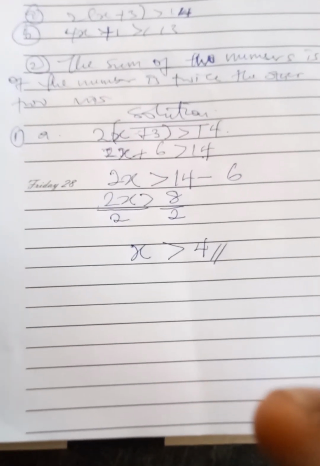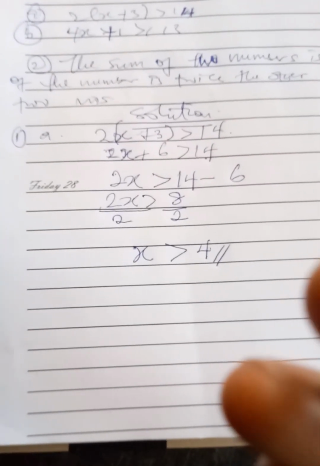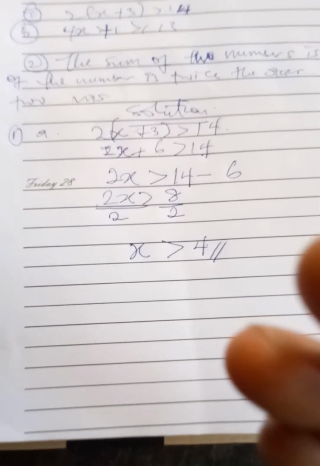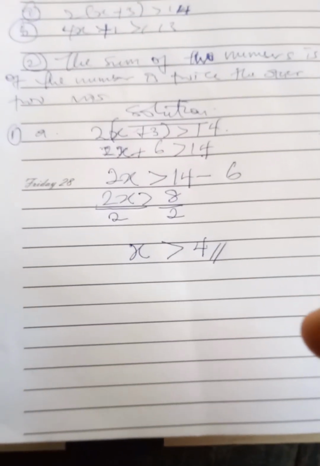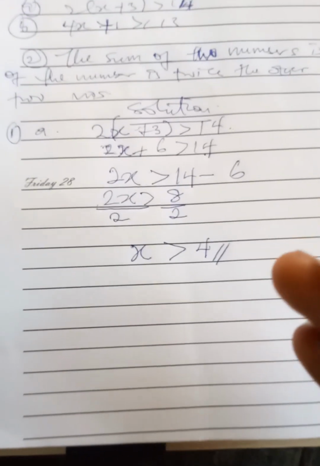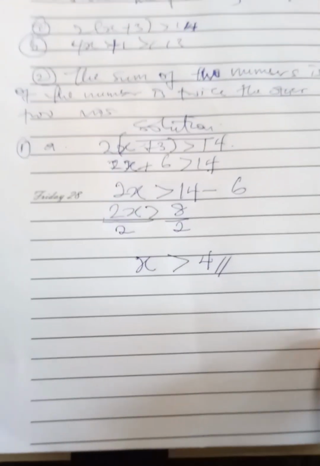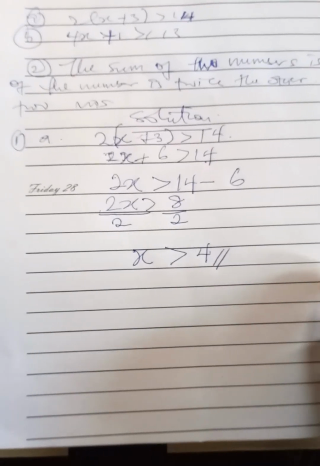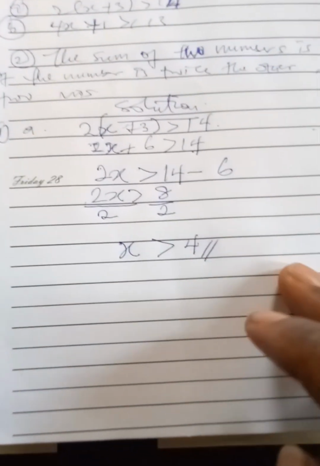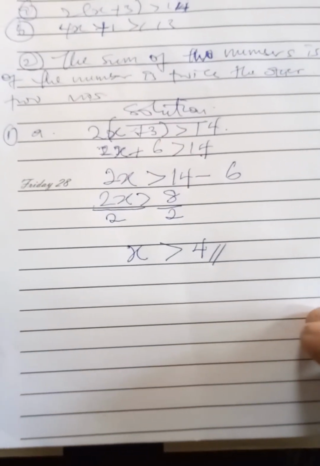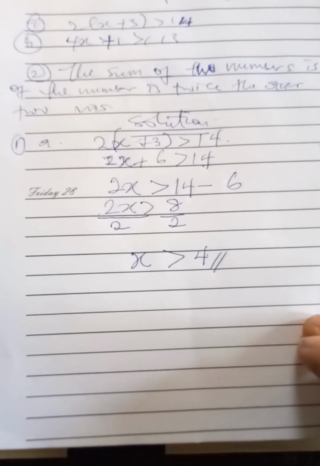But the difference is that for inequality, you maintain the inequality sign that is in the question, but for your simple equation, you have equal to there. The only difference between inequality and simple equation is that for your simple equation, you have the equality sign, but for inequality, you have other inequality signs like greater than, less than, not equal to. I think you understand that.